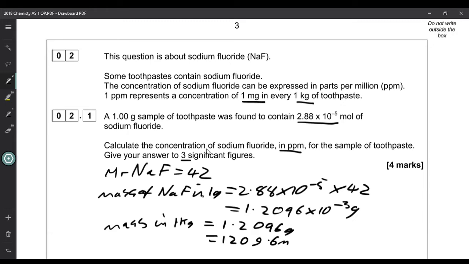Again, all we've done is multiplied it by 1000. So therefore the concentration of sodium fluoride is 1210 parts per million. Now remember it's got to be to 3 significant figures. That's why I've gone from 1209.6 to 1210 parts per million to make sure my answer is 3 significant figures.